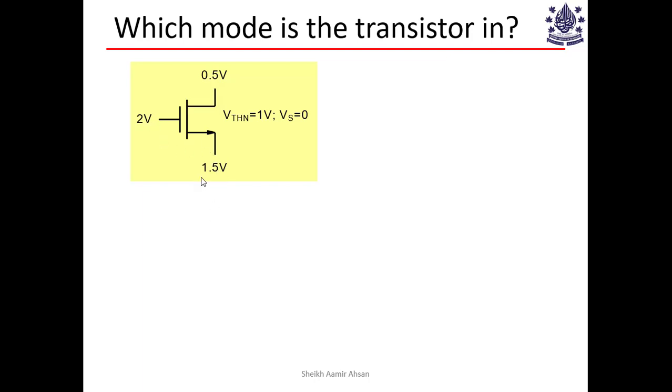So you can say that VGS is 0.5 volts, okay, and VDS is 0.5 volts minus 1.5 volts, which comes out to be minus 1 volt, okay, and so VGS is less than VTN, right, because VGS is 0.5 volts and VTN is 1 volt. So 0.5 is definitely less than 1 volt. So this is in subthreshold region.